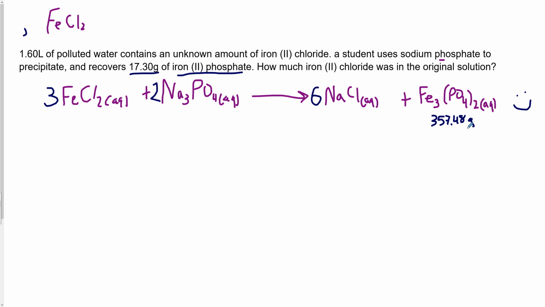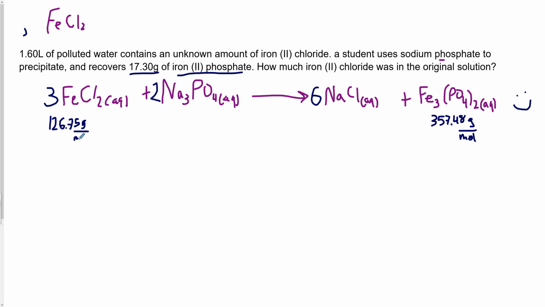Remember, all of our work is going to be done using moles, so we got to convert to moles. And the question is asking us how much iron 2 chloride was there to begin with. So I want to find the molar mass of iron 2 chloride, which is 126.75 grams per mole.